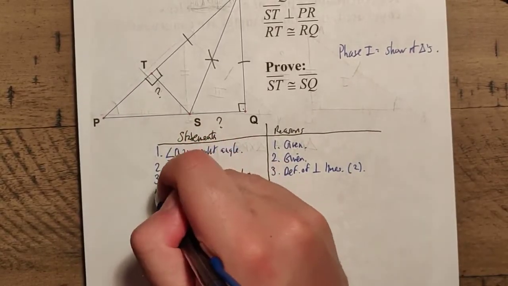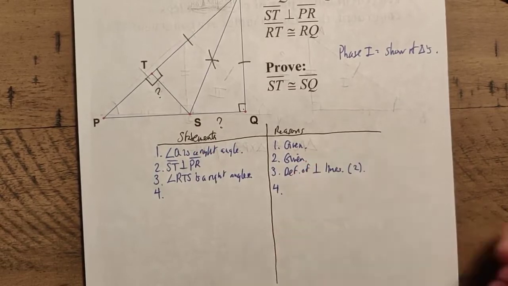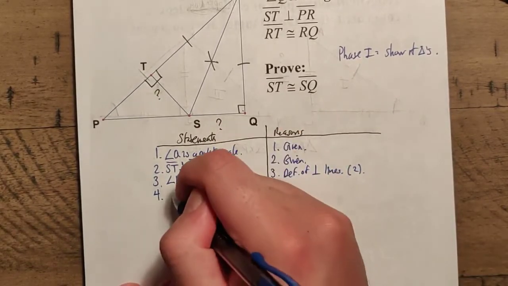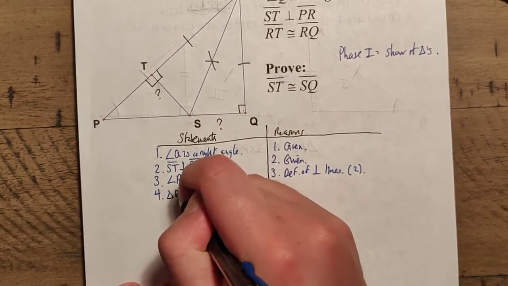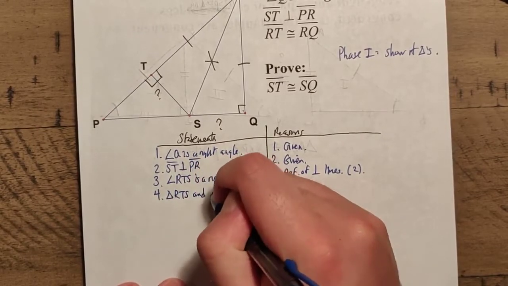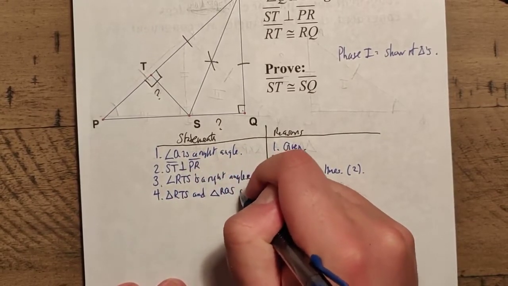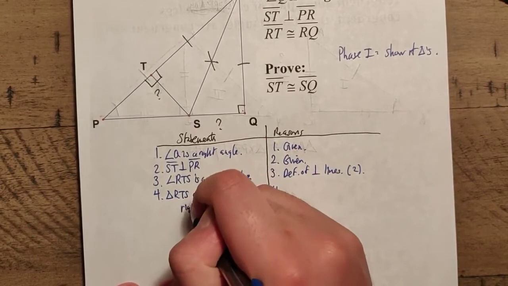Now we've established that these two triangles have right angles in them, so they must be right triangles. So I can conclude that triangles RTS and RQS are right triangles.